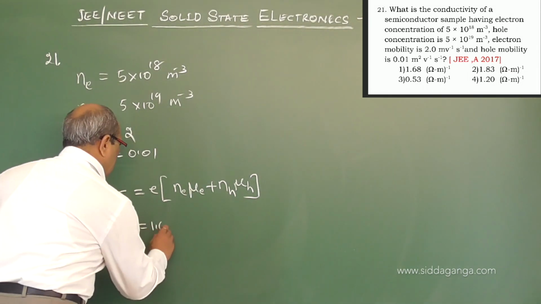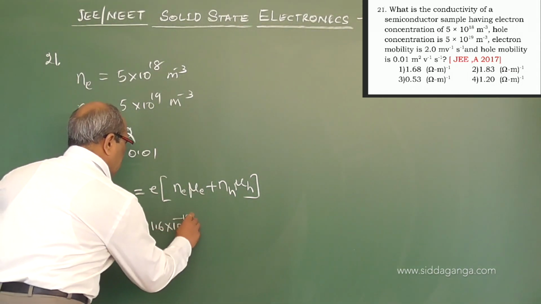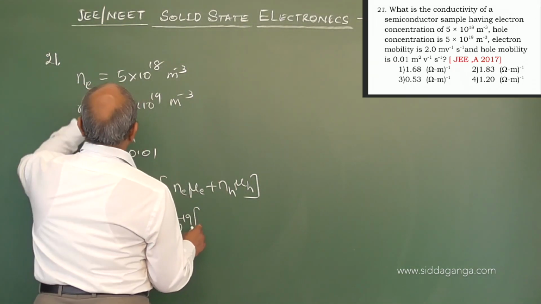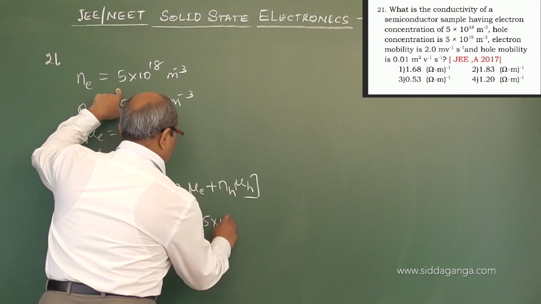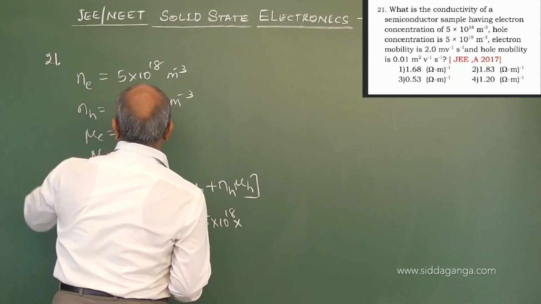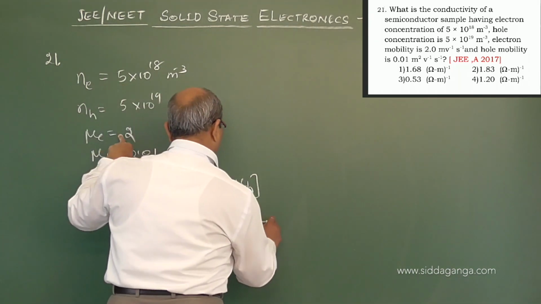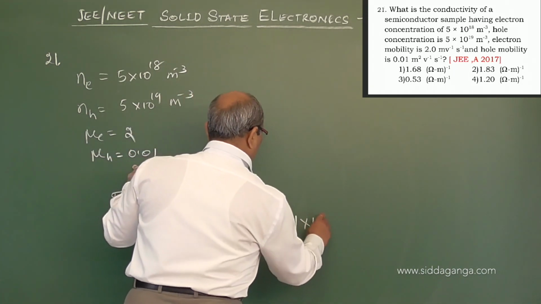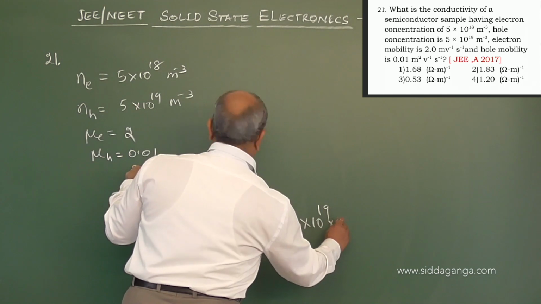The charge on a carrier is 1.6 into 10 power minus 19. The number is 10 power 18 into 5 into 2, plus 0.01 into 10 power 19 into 5.